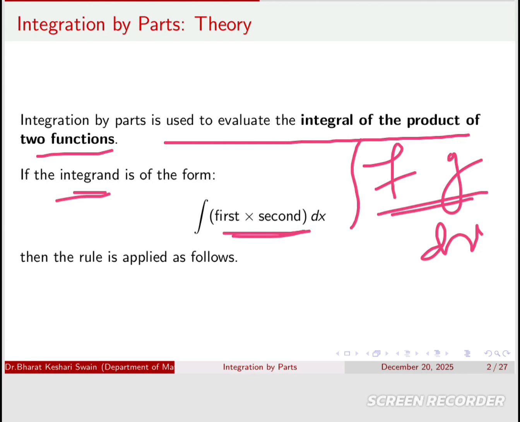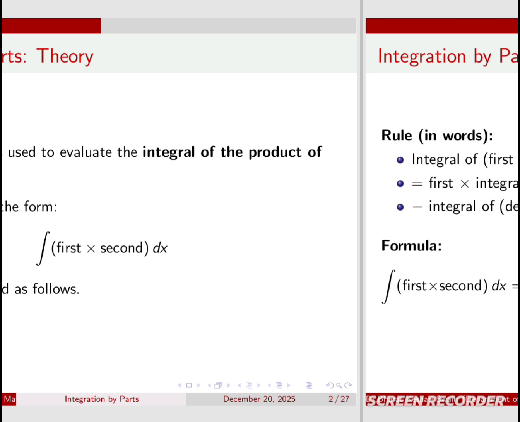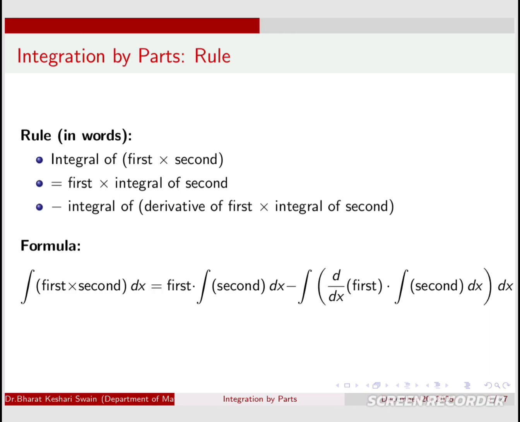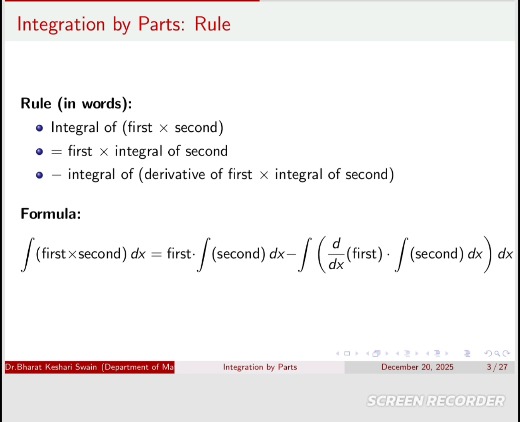There will be the rule of this integration by parts. So what is the rule? What is the formula? First into integral of second, then minus the integral of derivative of first into integral of second.